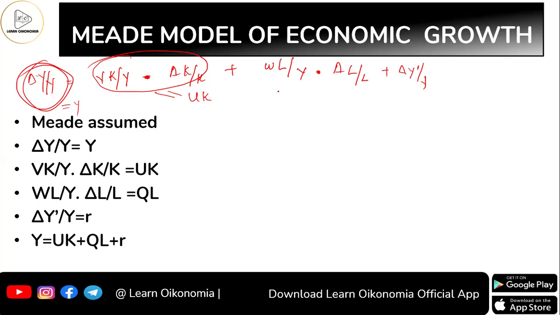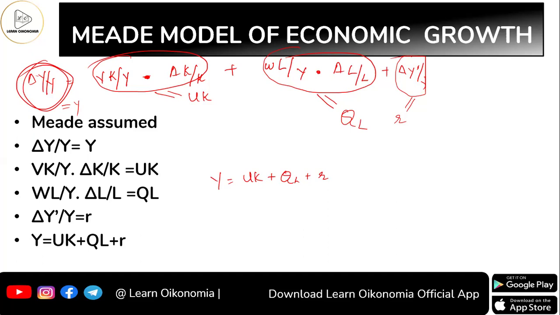And Wl divided by Y times delta L divided by L, he assumed is equal to QL. And coming to this part, that is delta Y dash by delta Y, he assumed this is equal to R. So our new equation would be y is equal to UK plus QL plus R.